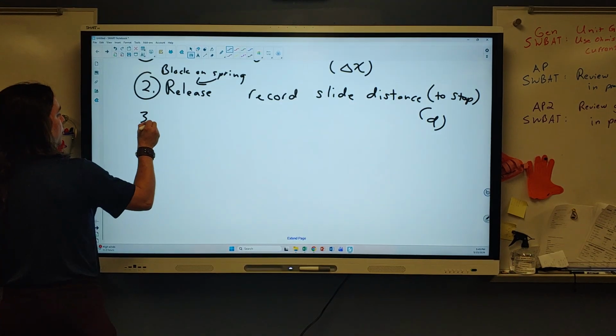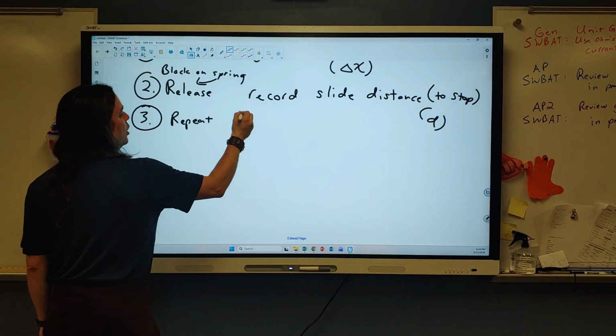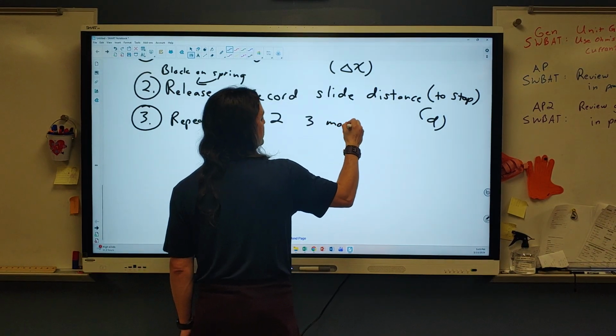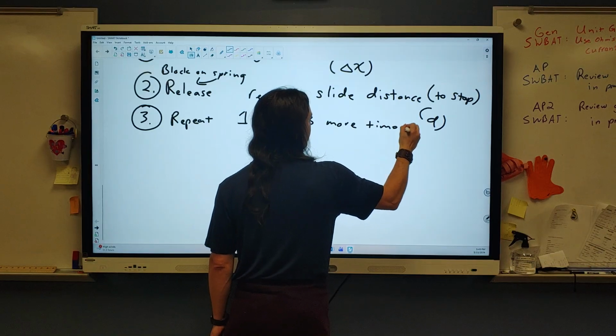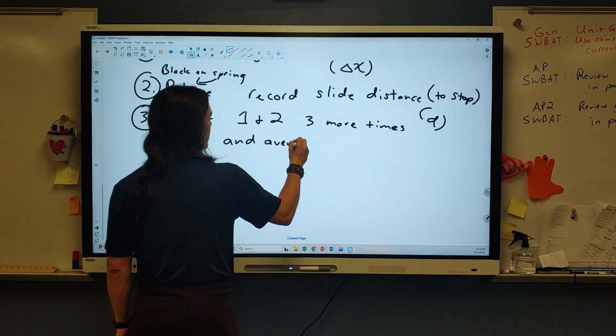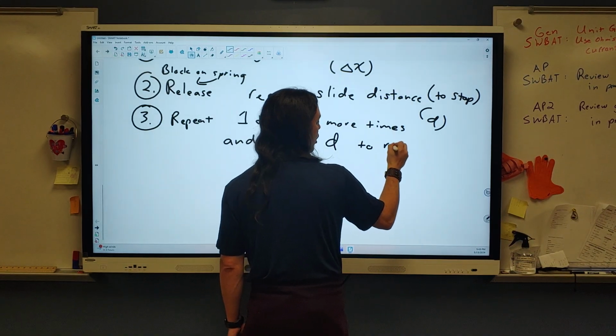Okay, let's see, 3. Repeat 1 and 2 3 more times and average D to reduce error.